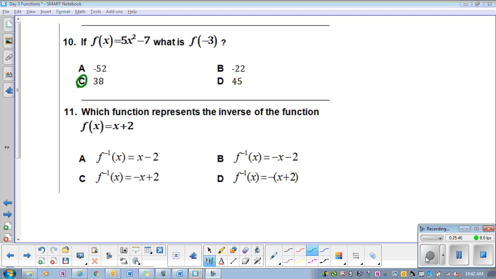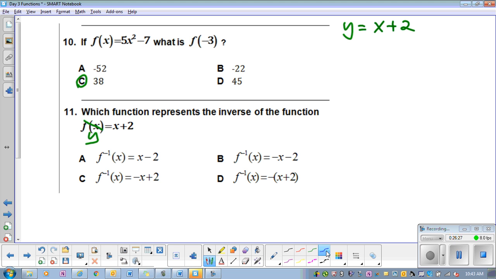Number 11. So they're asking you about the inverse, right? You guys remember when we talked about inverse? If they want you to give the inverse of f of x equals x plus 2, remember, f of x is the same as saying y. So if you have y equals x plus 2, what do you do when you're finding the inverse? You need to switch your x and your y.